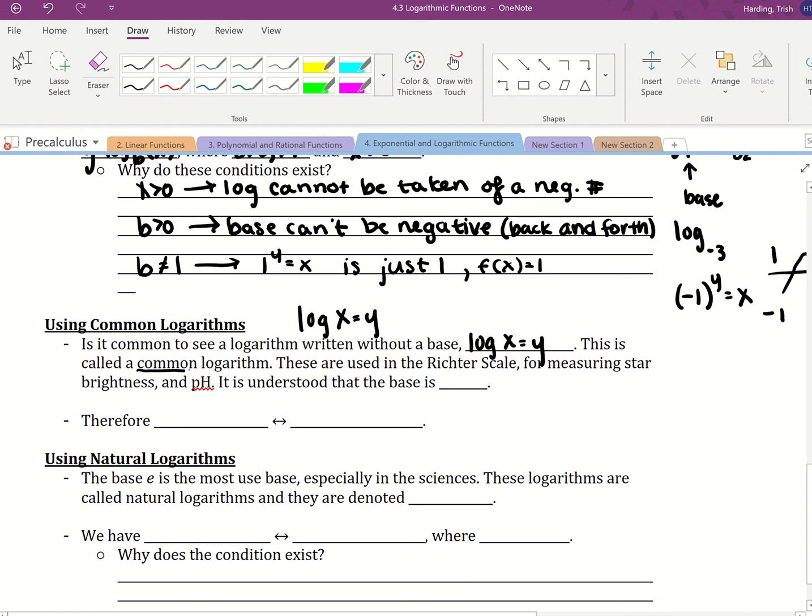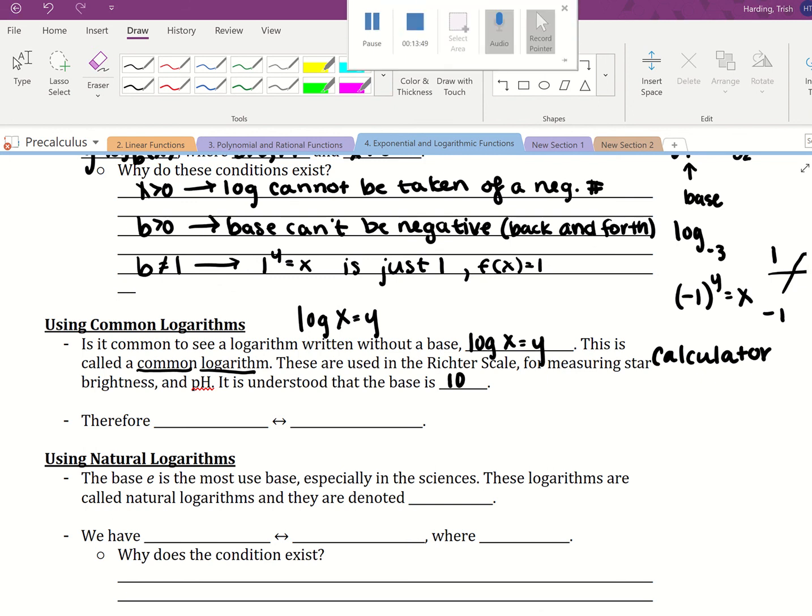So it's a common logarithm, and it's what you will see on your calculator when it just has log. They're used in the Richter scale. They measure star brightness. pH, for any of you that have an aquarium, pH is measured in logs. It's always understood here that the base is 10 because that's easiest to deal with.